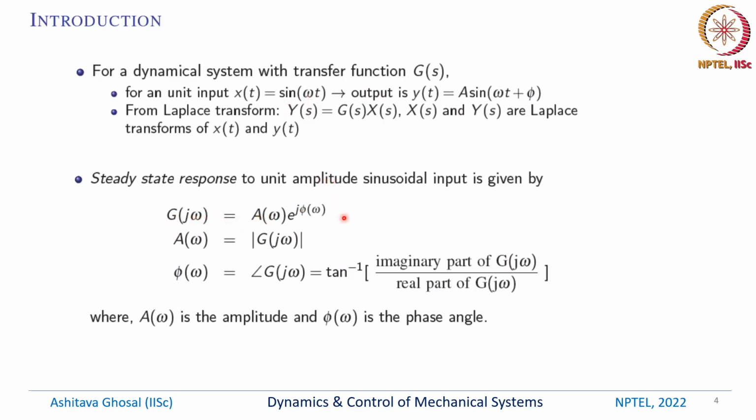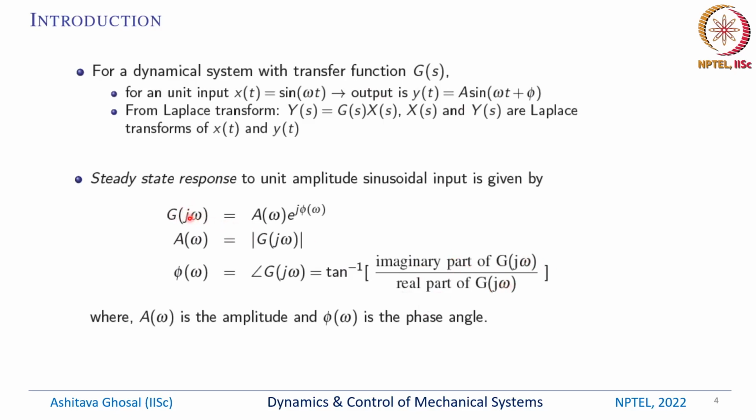So the magnitude of G(j omega) can be obtained, and this is called the amplitude, which is a function of omega, and the phase of the output is the angle of G(j omega), and that can be obtained from this formula, which is tan inverse of the imaginary part of G(j omega) and the real part of G(j omega).